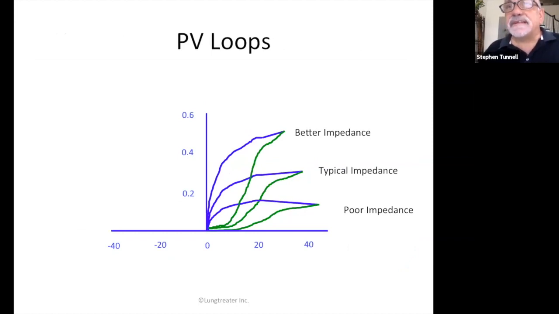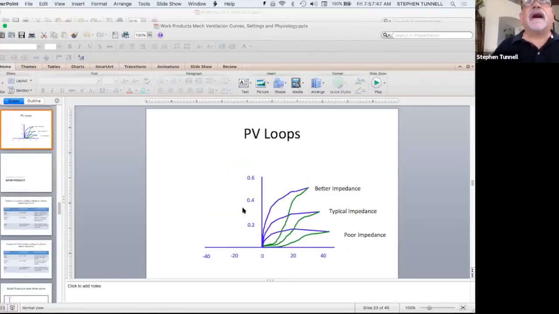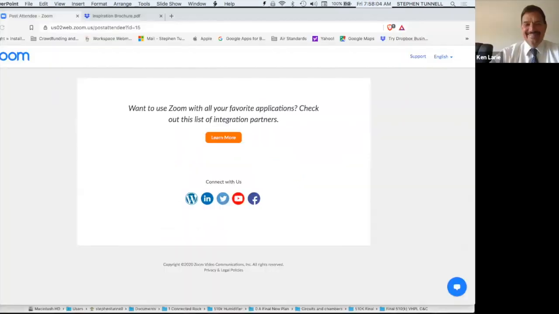The work of breathing is important because, remember, that's one of the three things we're doing with the ventilator: oxygenating, removing CO2, and taking on the work of breathing. I'm going to stop here and see if there are any questions.